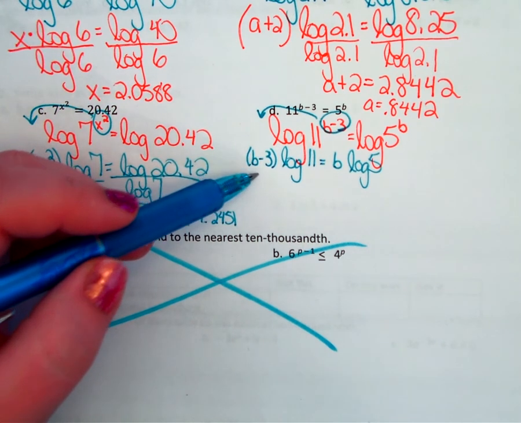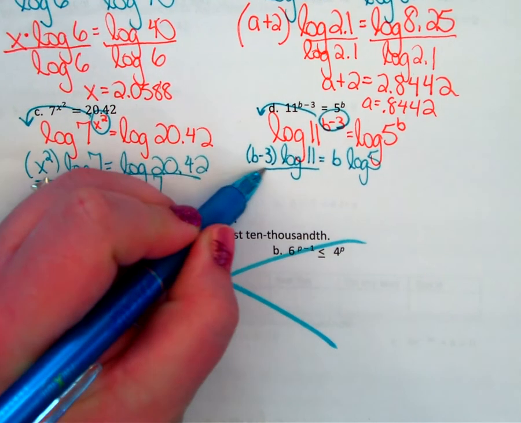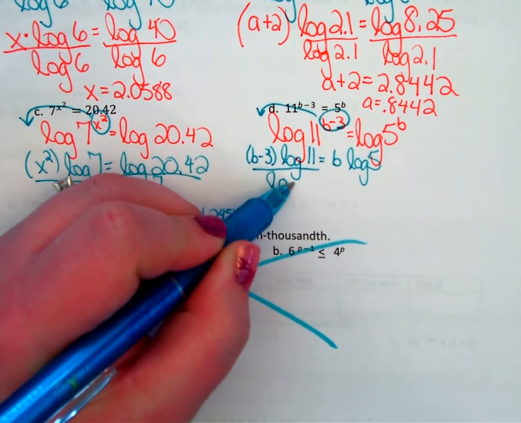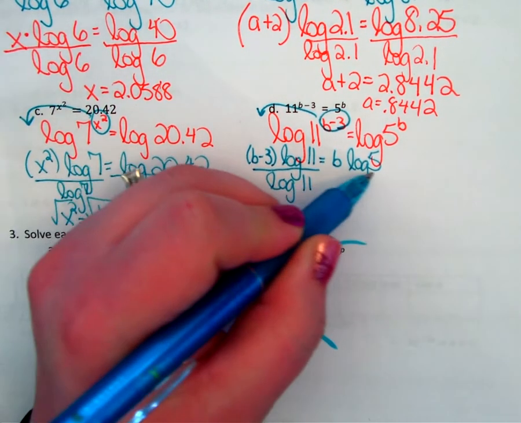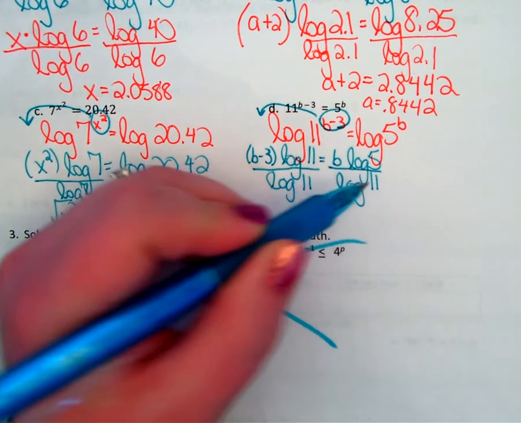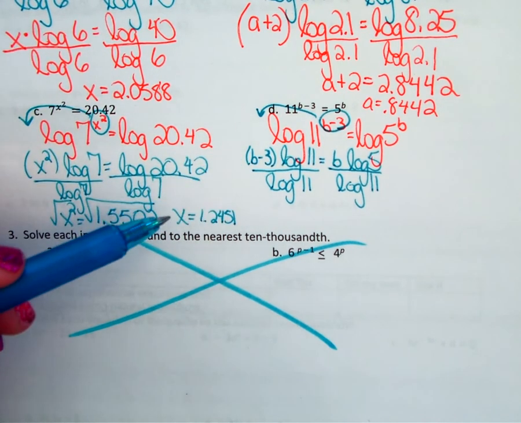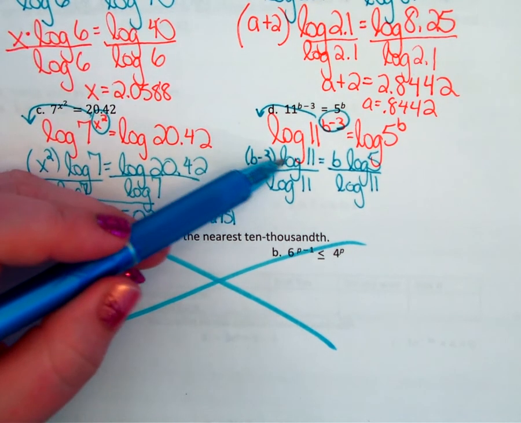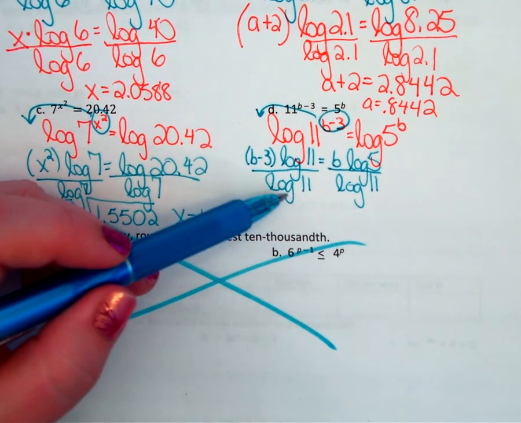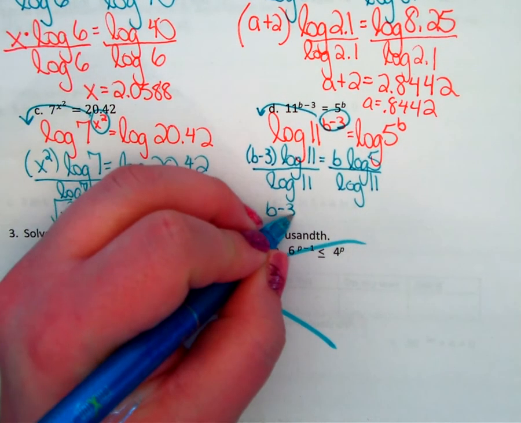If they both had parentheses, you don't really have a choice, but since this is the only side that has the parentheses, that's the one that I'm going to do, because what these logs really represent are long, nasty decimal numbers. And I don't want to have to take that long, nasty decimal number and distribute it across any parentheses if I can avoid it. So the side that has the parentheses is the log that I'm going to choose to divide by.